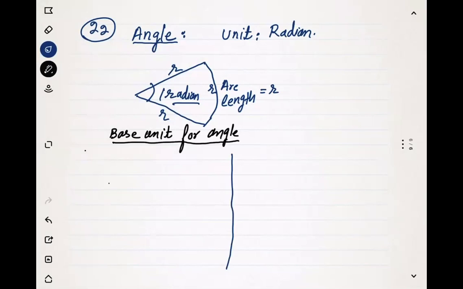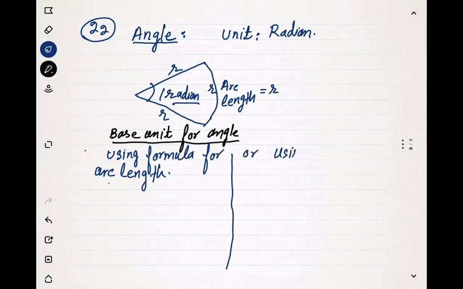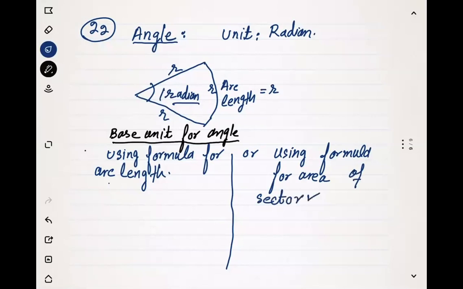You can find its base unit using the formula for arc length, or the other option is using the formula for area of sector. Any formula that is suitable for you or easy to memorize for you, you can use.